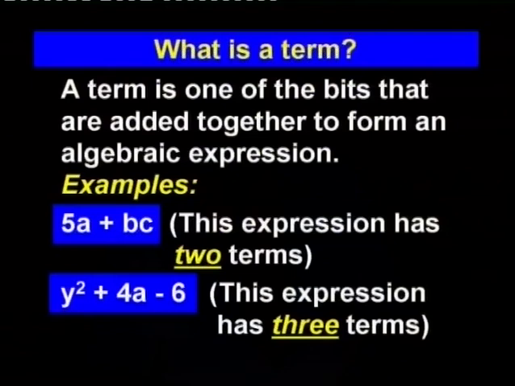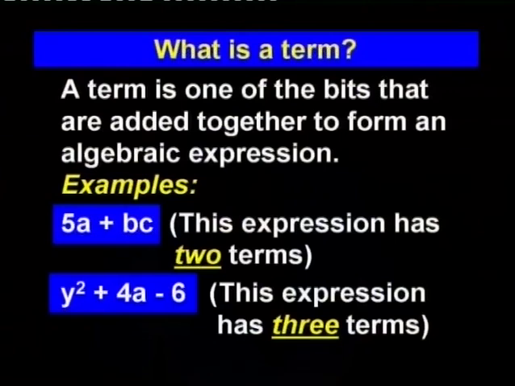Right. Next example, y squared plus 4a minus 6. What do we call this, class? What is it? Expression. Okay, this is an expression. How many terms has it got? Three terms. Very good. So we have 1, 2, and 3. Is that clear?